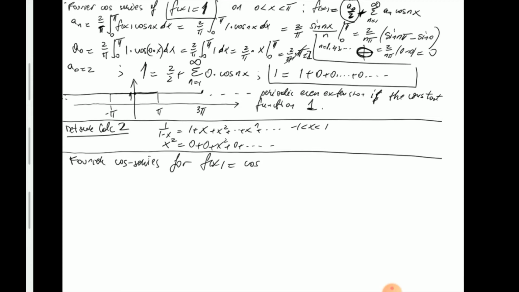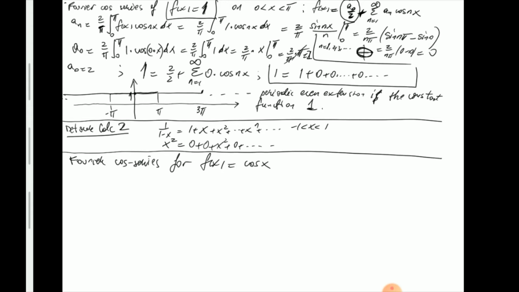Because the function that you want to represent as a power series is one of the terms in the power series. So in a similar manner, the function that you want to represent as a cosine series is part of the cosine series. So, for example, take a wild guess and think about what will be the Fourier cosine series for the function f of x equals cosine of x.